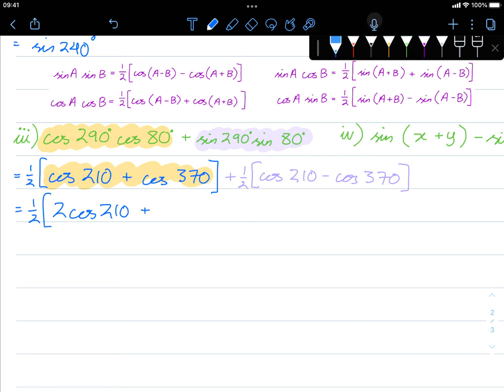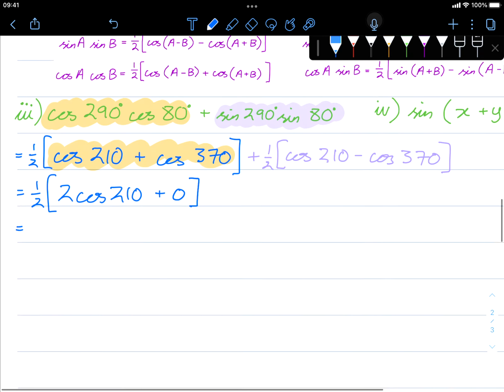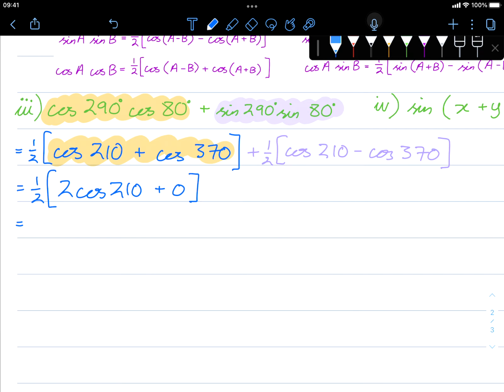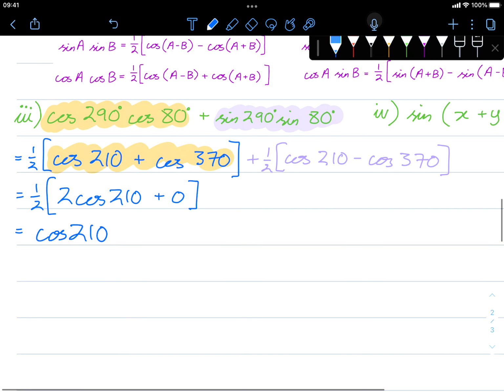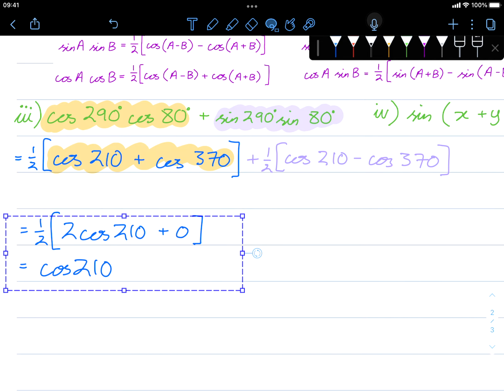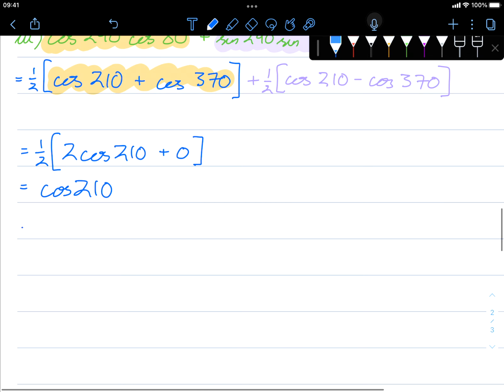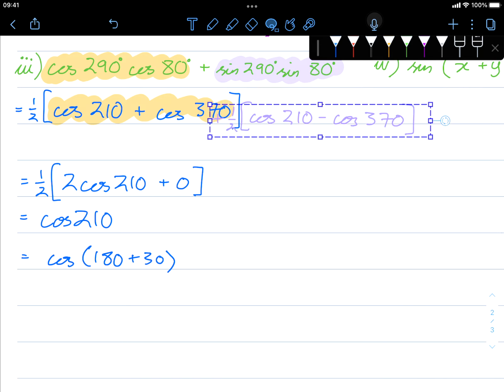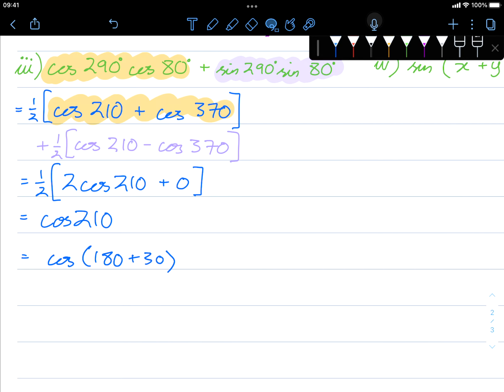That's going to be plus 0. And from here, we can see that these cancel. So half of 2 cos 210 is just cos 210. And as before, we could find the exact value of this because I can see this as cos of 180 plus 30, but I'll leave that for you in another video or to answer yourself.